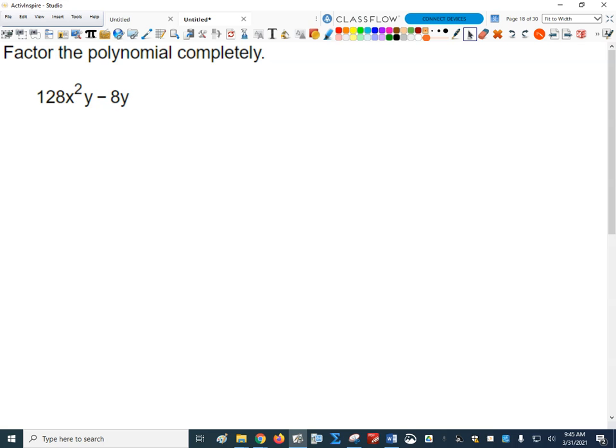So 16. Okay, so in this case, I could undistribute the greatest common factor. I can take out an 8. And do they have any common variables? Y. Good. I could undistribute an 8y, couldn't I? And then if I do that, I'm left behind with what? 8y times what is 128 x squared y?